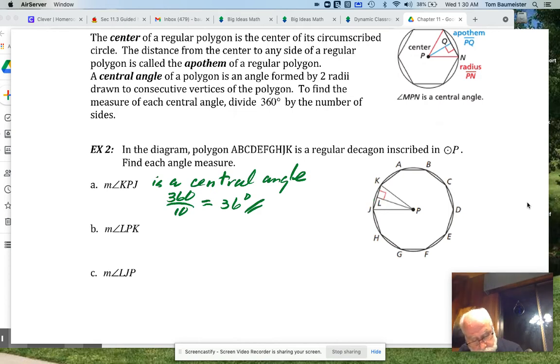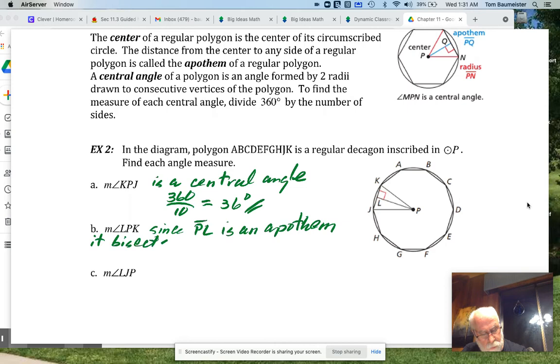So since PL, the line segment PL, is an apothem, it bisects angle KPJ. So remember, bisect means it cuts it in half.